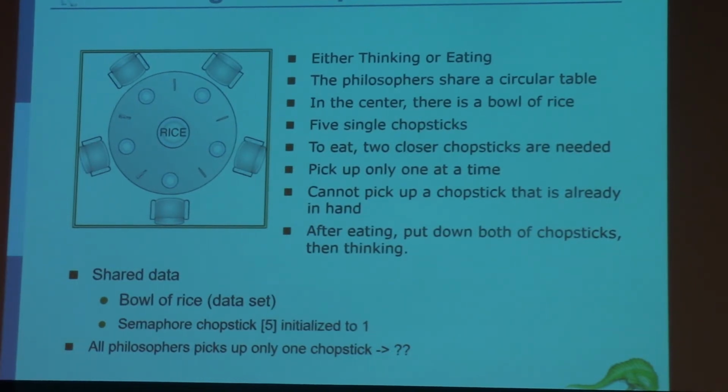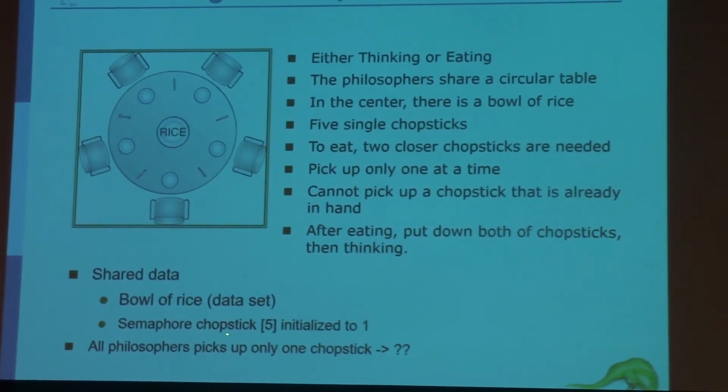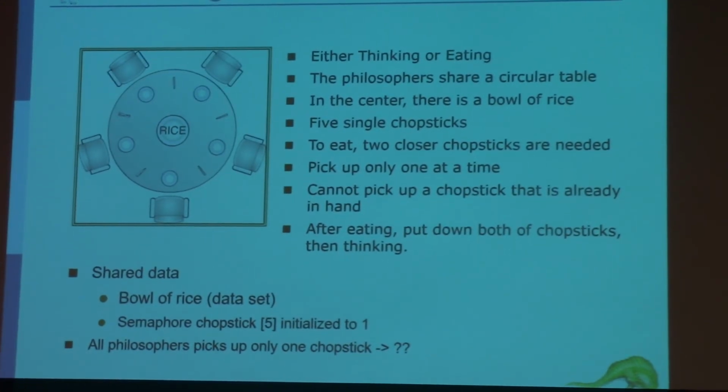Dining philosopher problem. So we can define each chopstick as a semaphore. So whether this chopstick is used or not, this one. One solution is you can take the left hand side. If the left hand side is available, then get the lock for the right hand side, and so on.